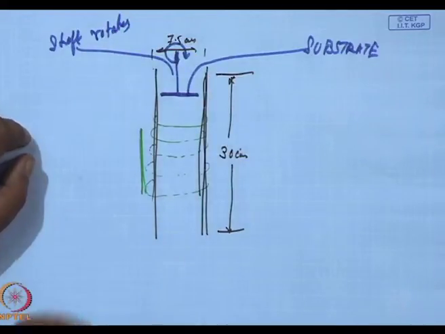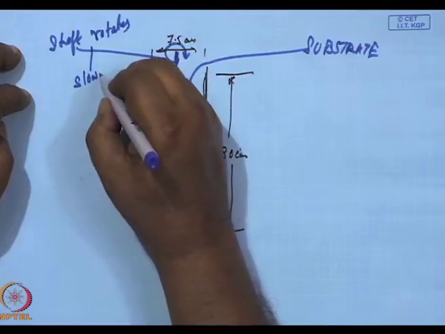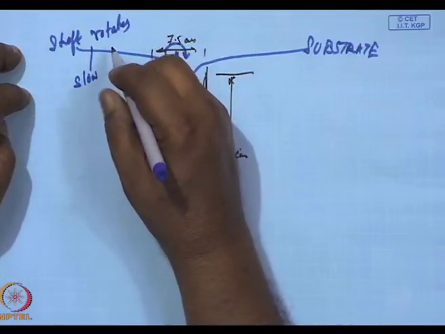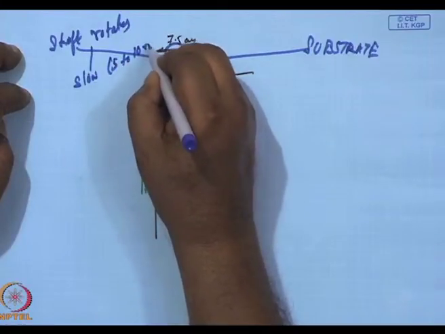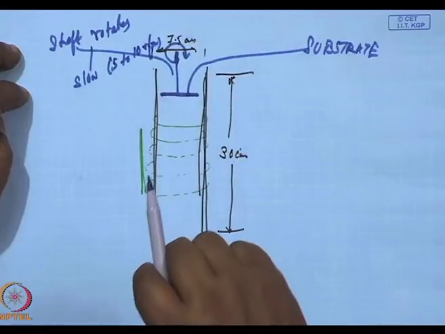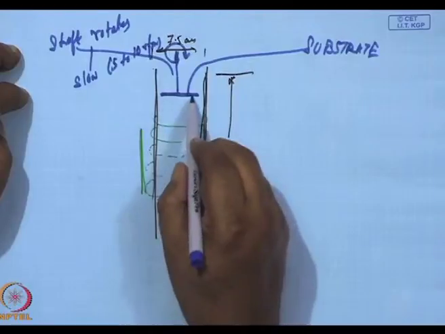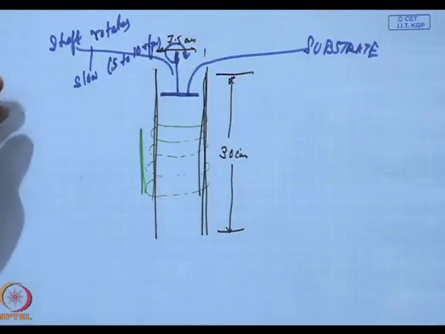Now, this rotation is not at 1400 or the motor speed. Here I want slow rotation, say 5 to 10 RPM would be very good. So, this shaft rotates at 5 or 10 RPM, at the same time rotating this substrate.